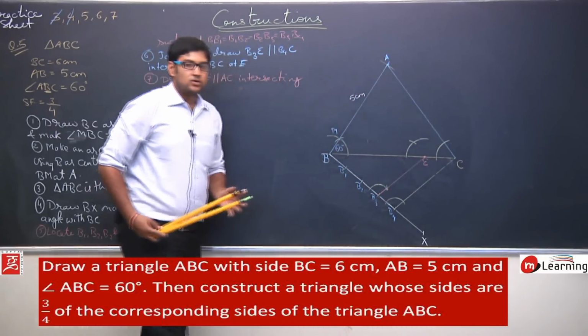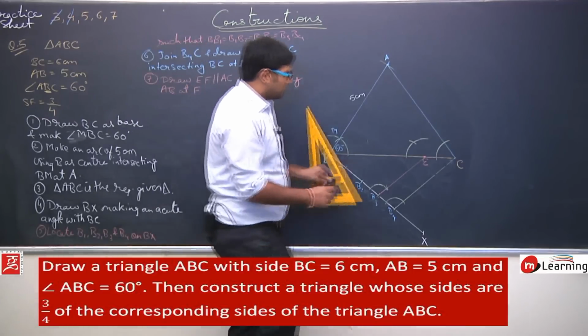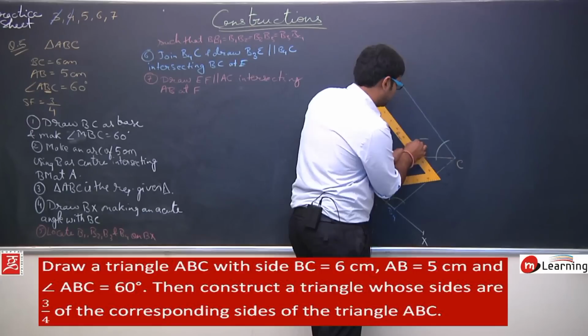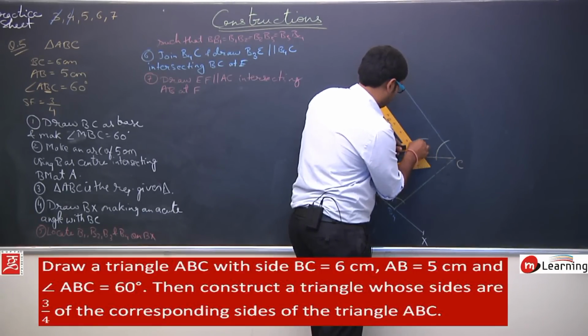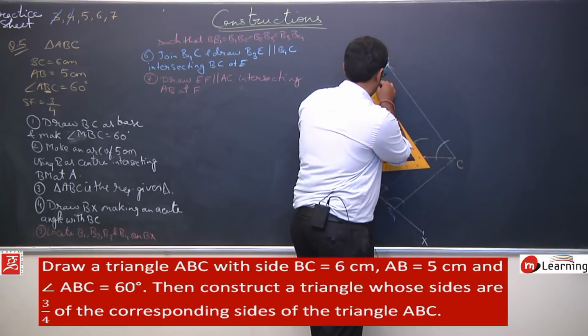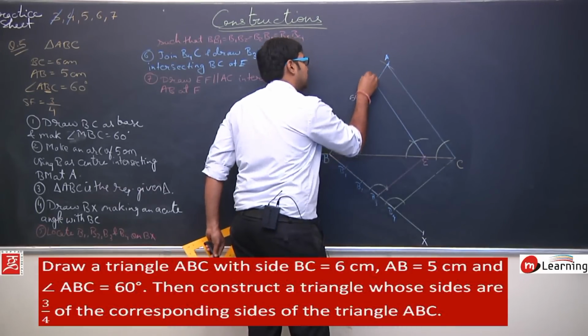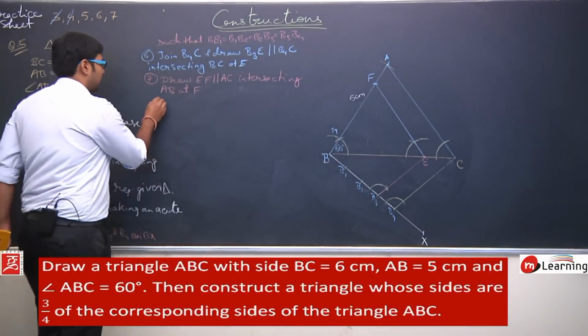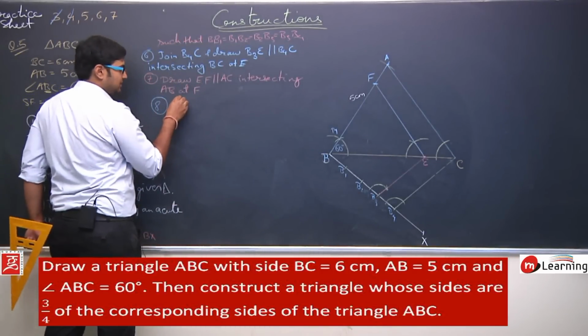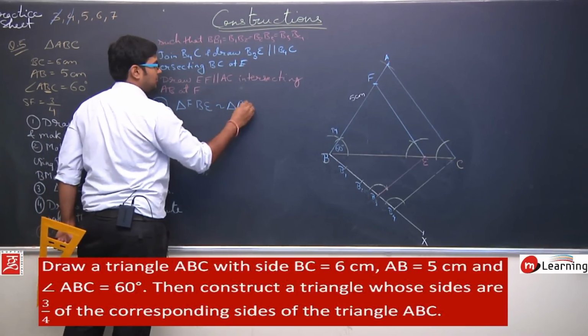So what you can see is, using this intersection and this point E, draw a line like this, and you will find that this point is point F. So the eighth step will be: triangle FBE is similar to triangle ABC.